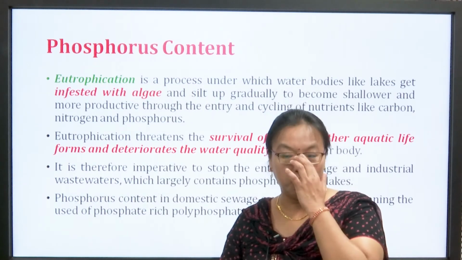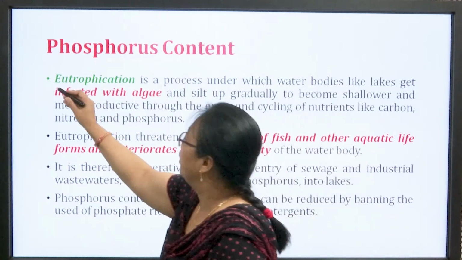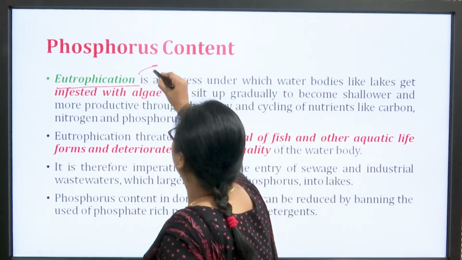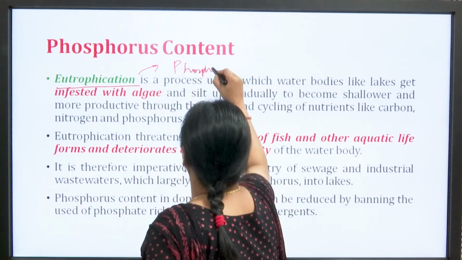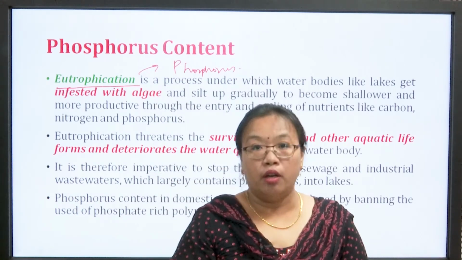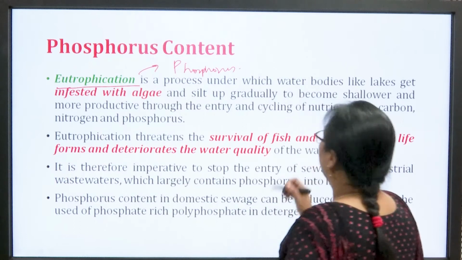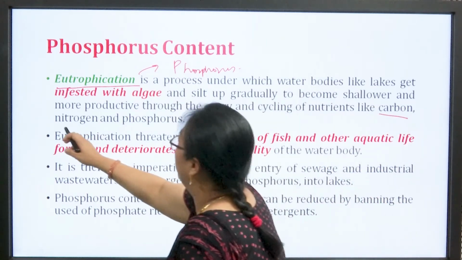So, we have to remember the term eutrophication. When the term eutrophication comes, you should always remember phosphorus, right. It is because of phosphorus. Now you can ask me, ma'am, here you are saying that we have carbon also and nitrogen also.